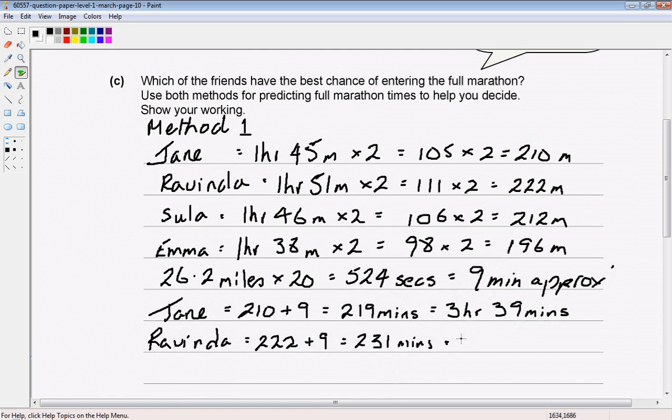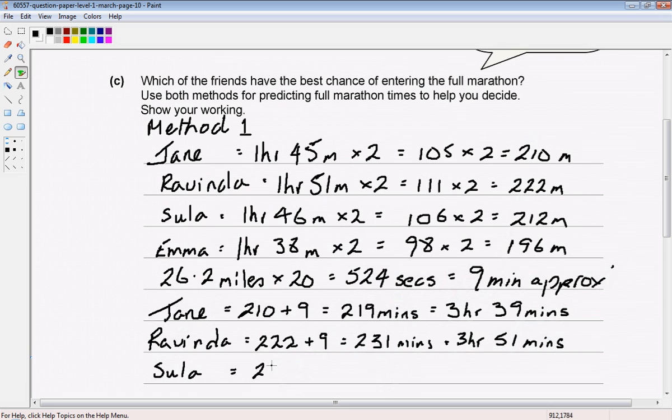That's slightly less than 4 hours, so it's 3 hours, which is 180, and 180 from this gives us 51 minutes.